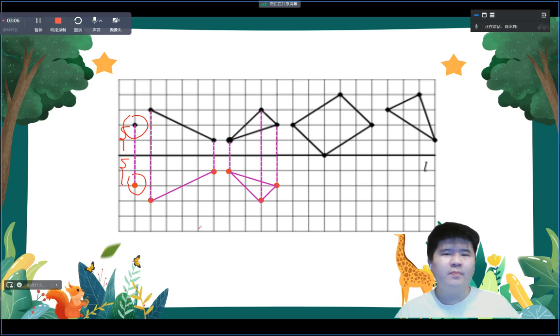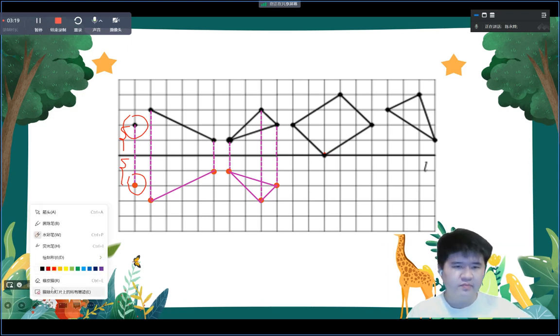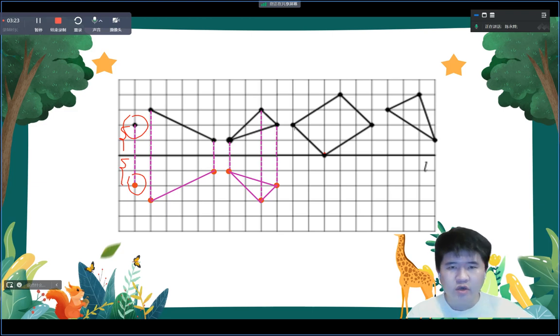And for the parallelogram, it's the same. We already found this point is on the line, so we don't do this. We just check the other points. Here we draw a perpendicular line from up to down here, and then we do the same thing.